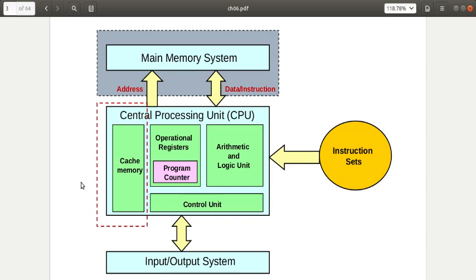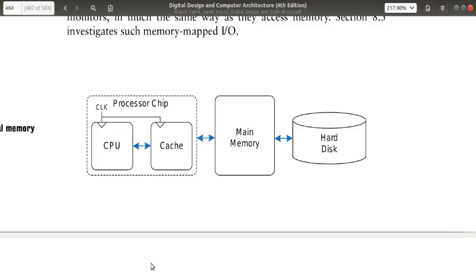So first we will begin with the concept of memory hierarchy. Memory hierarchy basically is related to which type of memory is closer to the processor and which type of memory is accessed more. First of all, cache memory is considered to be in the chip of the processor, right?